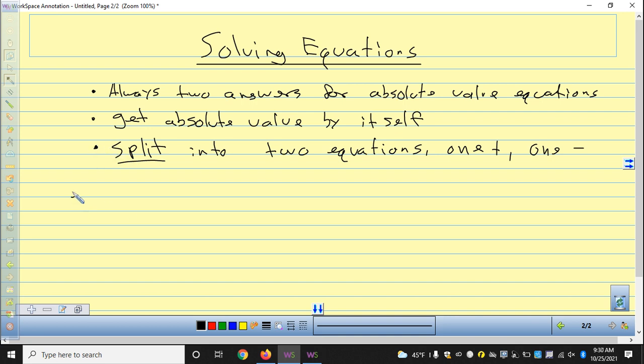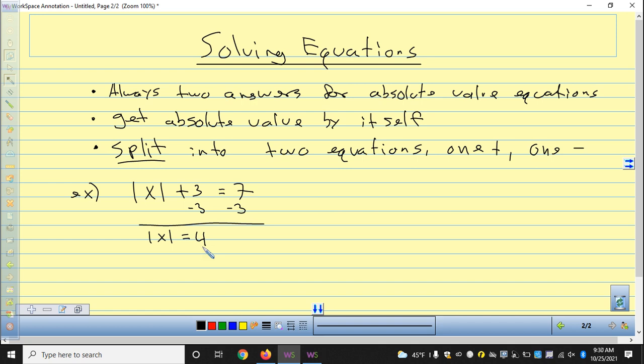So let's look at an example. The absolute value of x plus 3 equals 7. We want to get the absolute value by itself. So we want to get this 3 away from the absolute value. So what are we going to start by doing? Subtract 3 from both sides. So I get the absolute value of x equals 4.